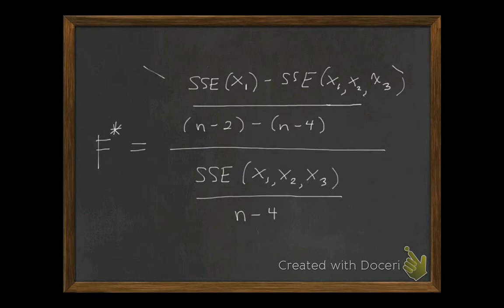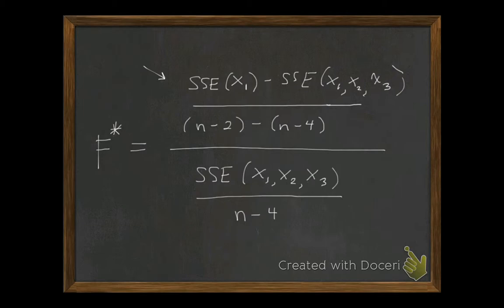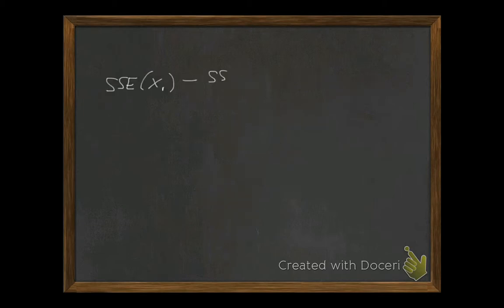Okay, I want to focus on this part right here. So we should know that the sum of squares for the error of x1 minus the sum of squares for the error of x1, x2, and x3 is nothing more than the sum of squares for the regression of x2, x3 added to the model when x1 is in the model.